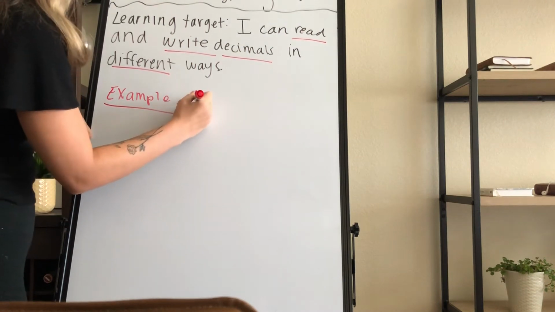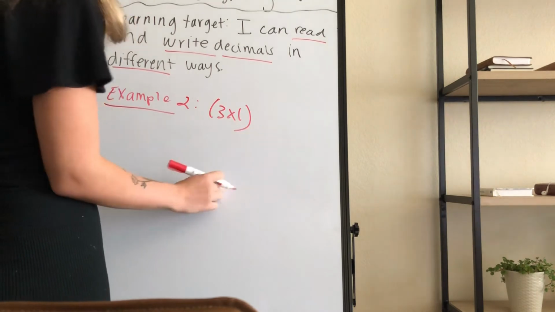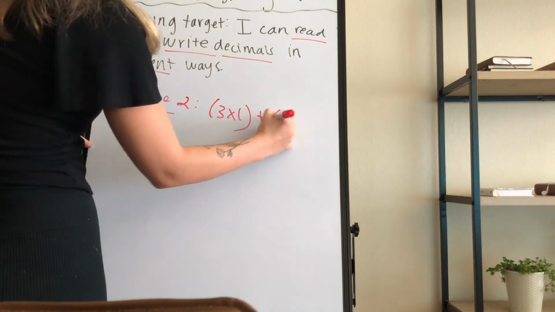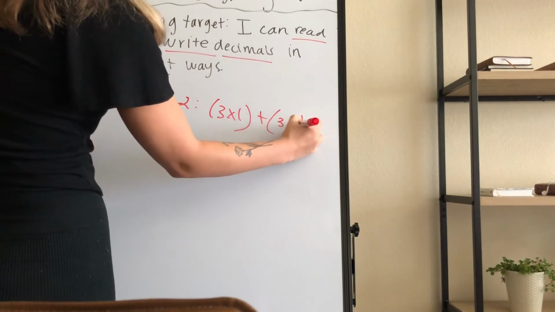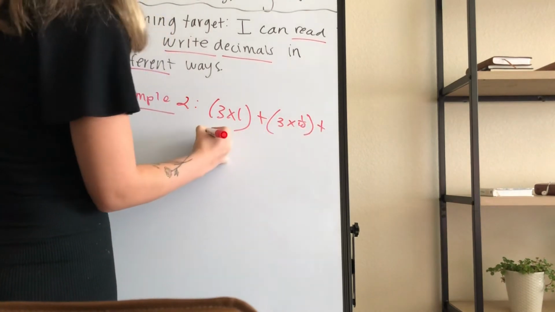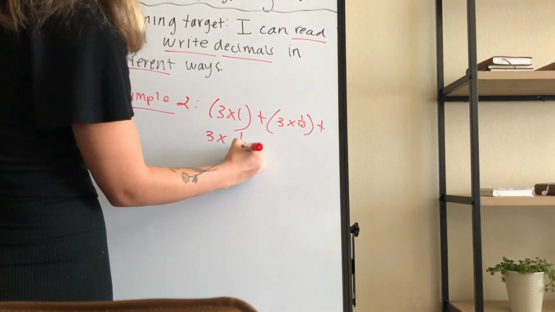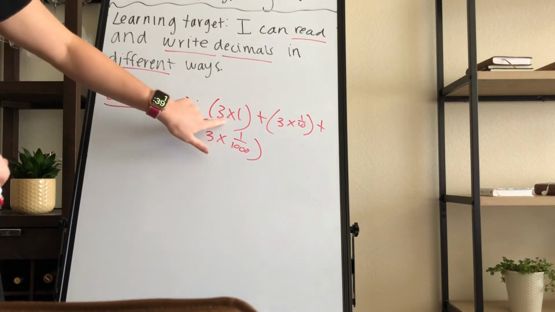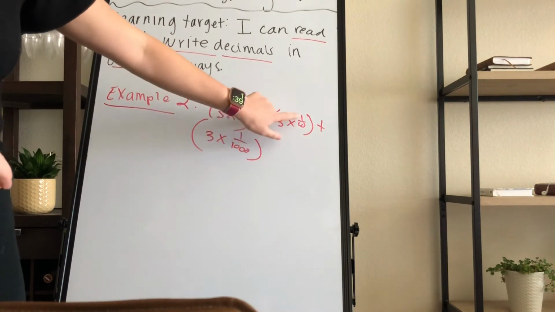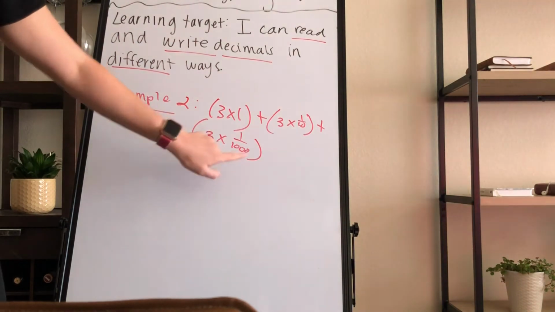Example 2. Okay, so this is expanded form again. All right, this says 3 times 1 plus 3 times 1 over 10 plus 3 times 1 over 1,000.